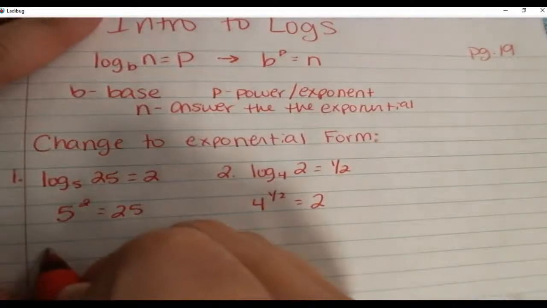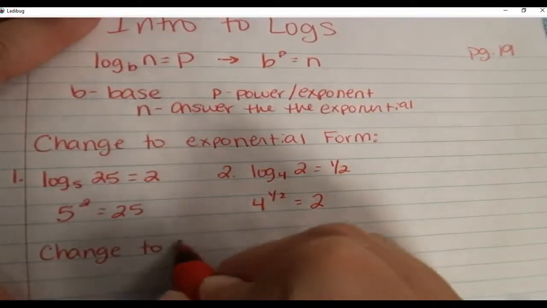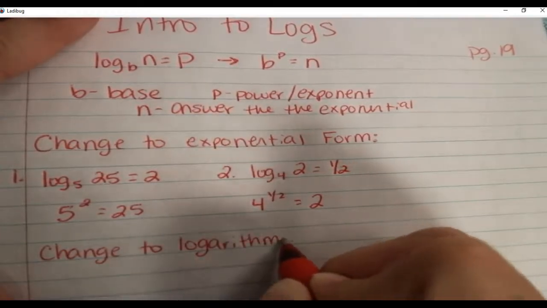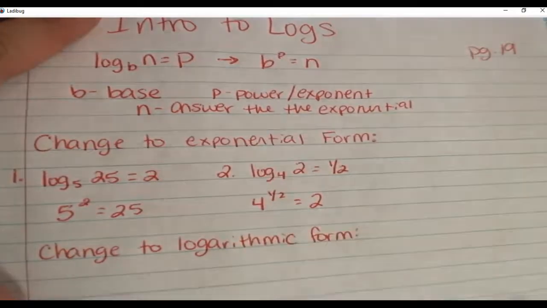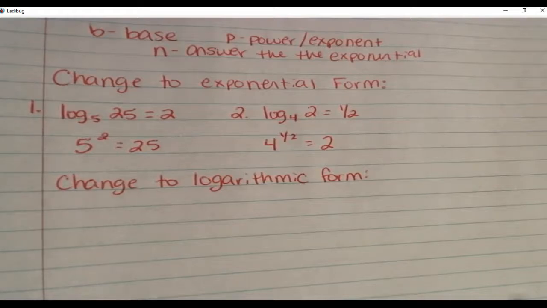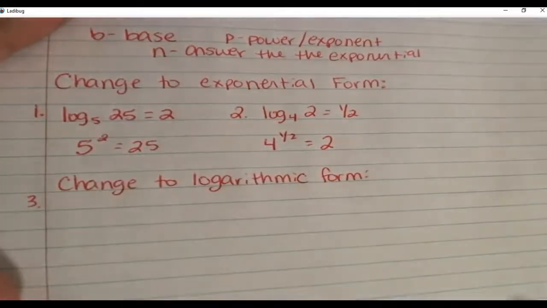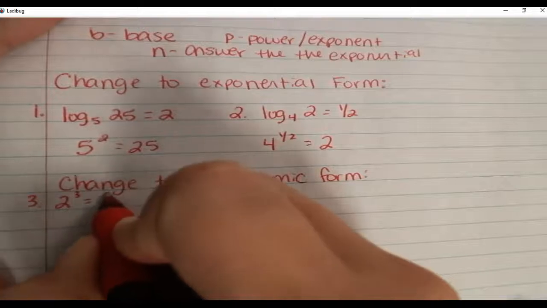Okay, let's go the other way. So let's change to logarithmic form. So let's say we had 2 to the 3rd equals 8.